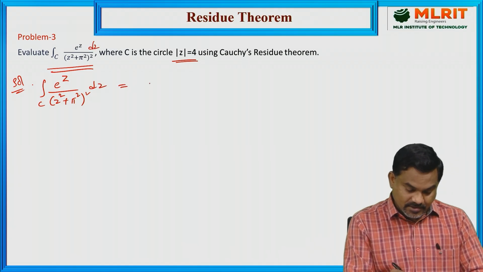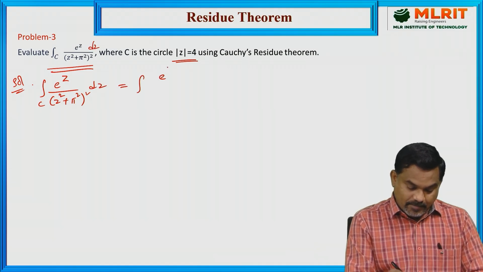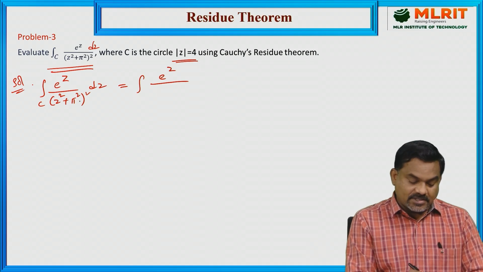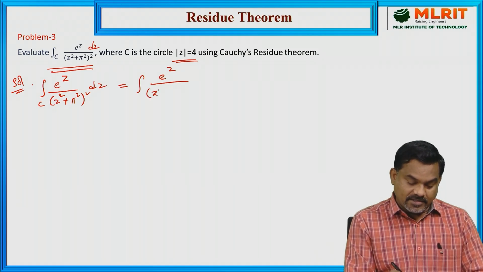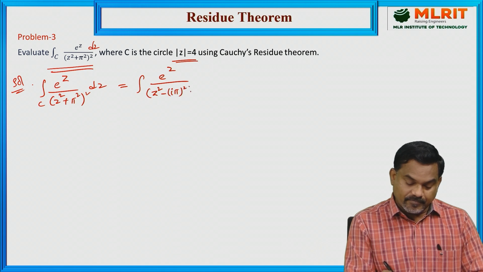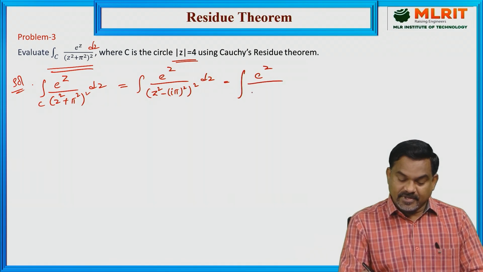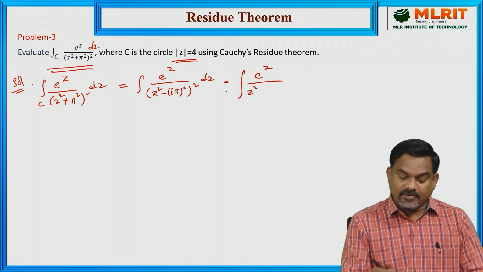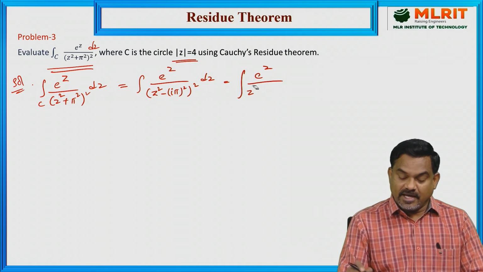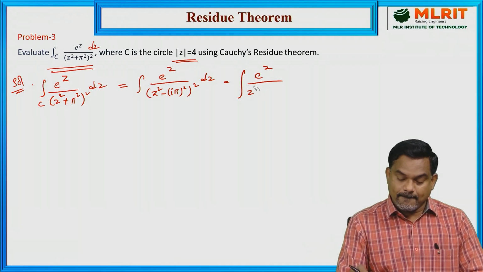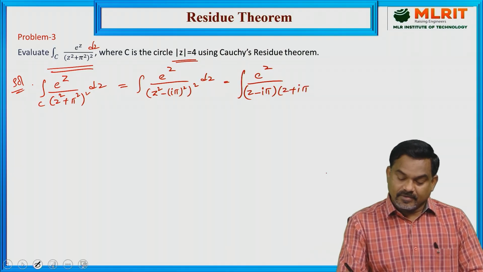So this line integral e power z by z square plus pi square can be written as z square minus i pi whole square, which is like a square minus b square. So a minus b, z minus i pi into z plus i pi, and we have square for both.